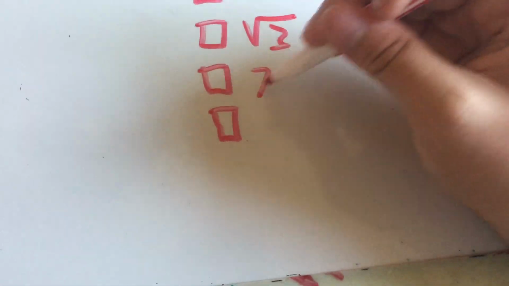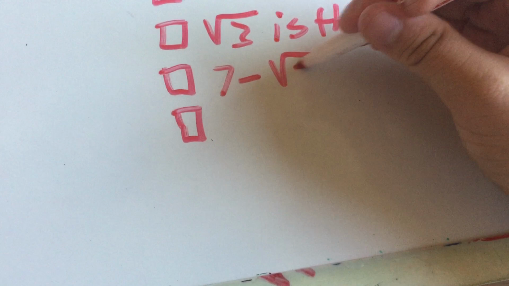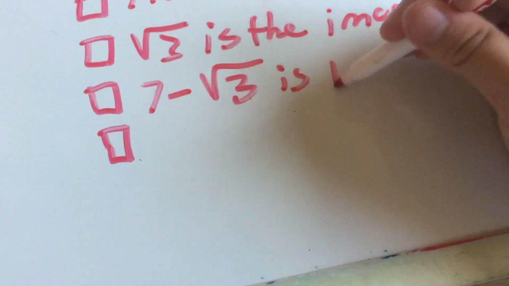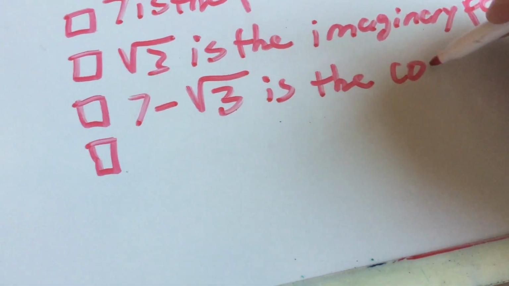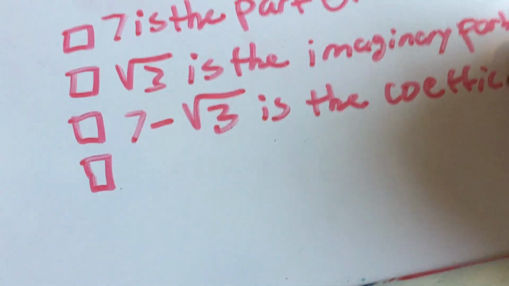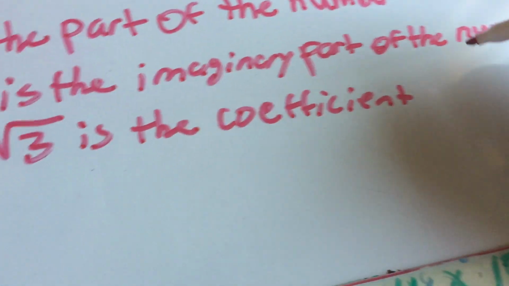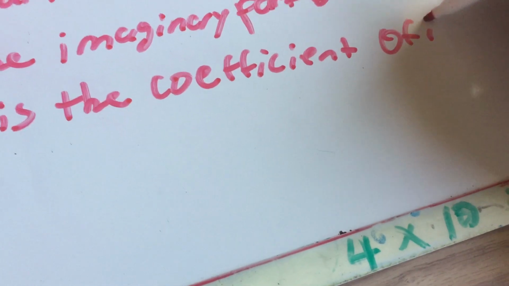Third one, 7 minus square root of 3 is the coefficient of i.